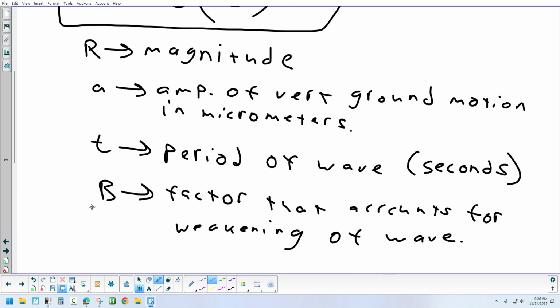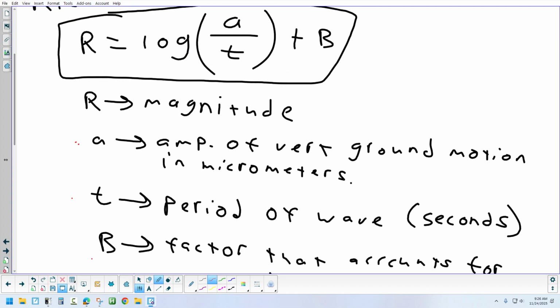B is the same at the early stage and the later stage. T is the same at the early stage and the later stage. Only thing that's going to change between the 2 measurements that we take is A. It increases by a factor of 10.